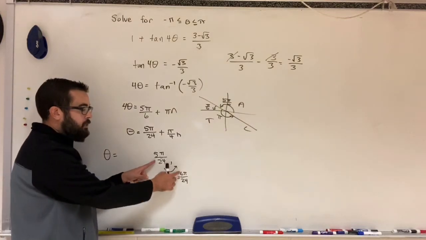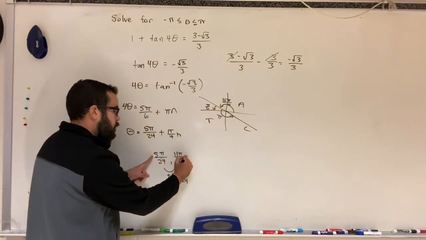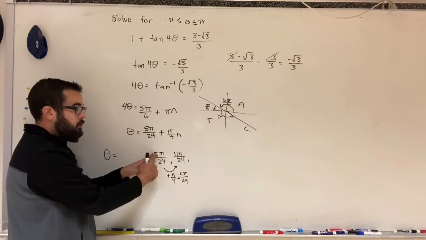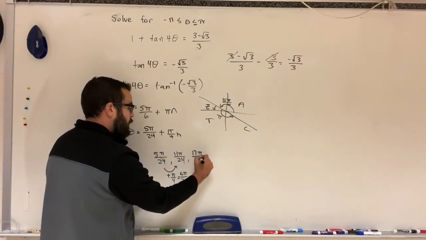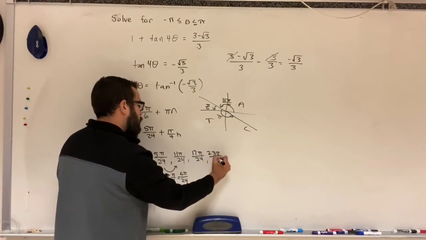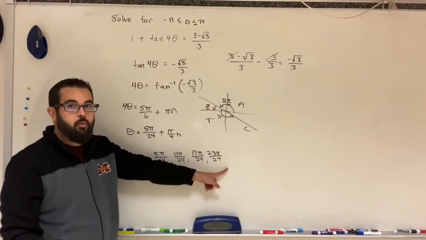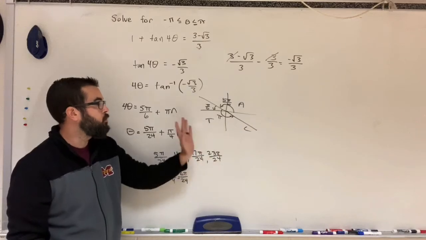So I'm adding 6 to the top to get 11 pi over 24, then 17 pi over 24, which is still less than pi, then 23 pi over 24. The next one would be 29 pi over 24, which is past pi. So that's as far as I can go to the right.